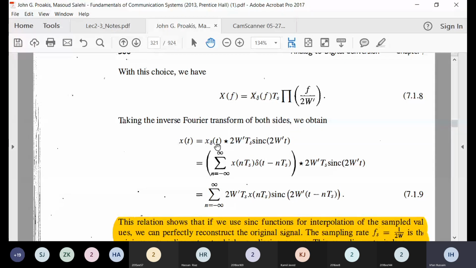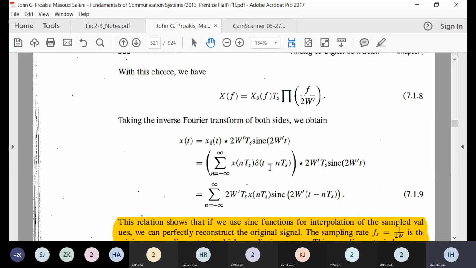So for convolution, I write the sampled signal in this form, and the signal is already in the time domain. Now I do the convolution of these two signals.